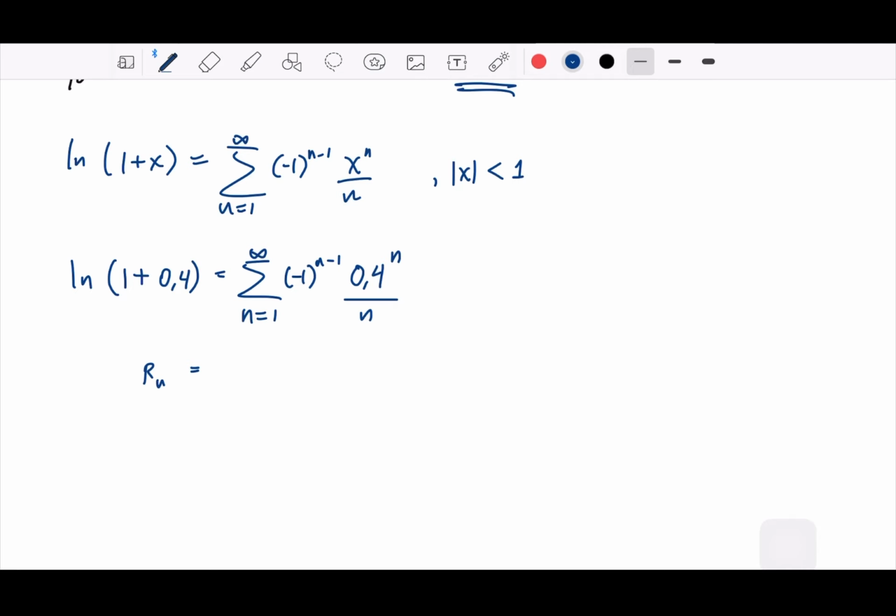The alternating series is having just n plus 1 and then n plus 1. So again, we can check one by one.